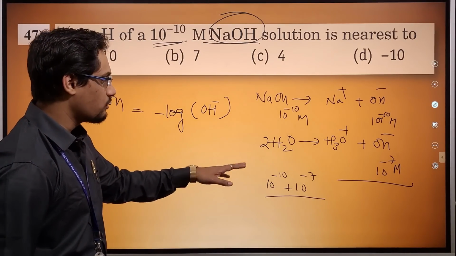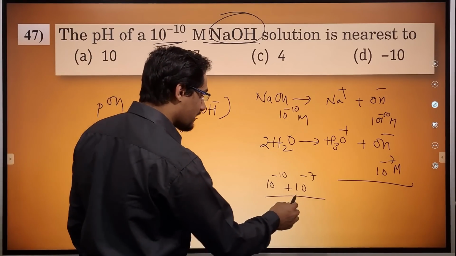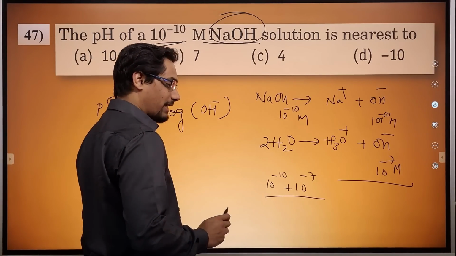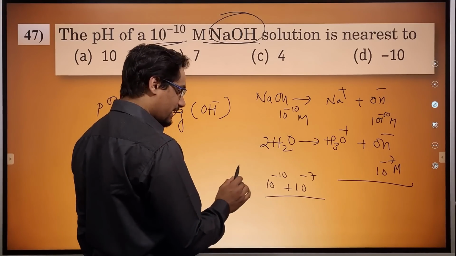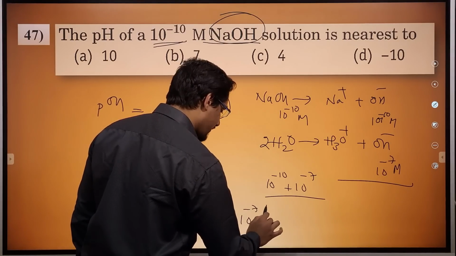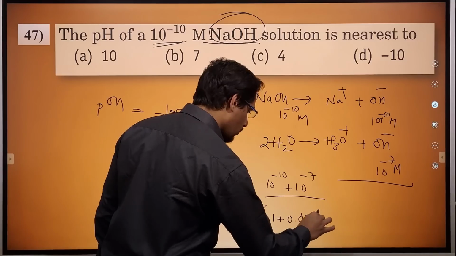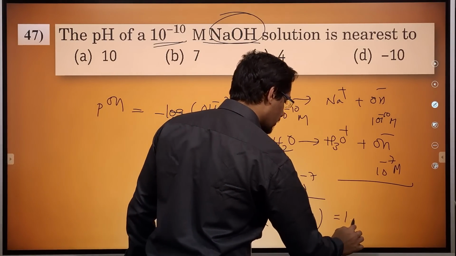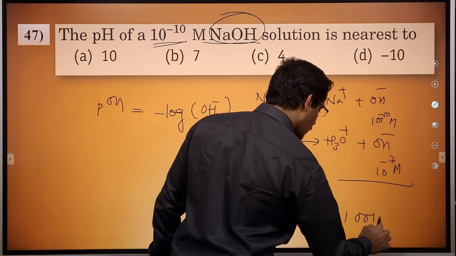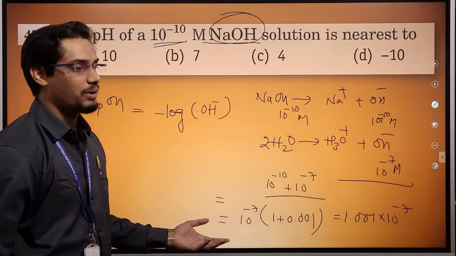Don't do it as 10 to the power minus 10 minus 7, which would be 10 to the power minus 17. It is not like that. If I take 10 to the power minus 7 common, it would be 10 to the power minus 7 into 1 plus 0.001, which is 1.001 into 10 to the power minus 7, almost equal to 10 to the power minus 7.